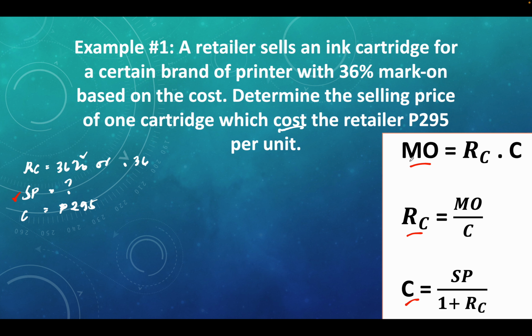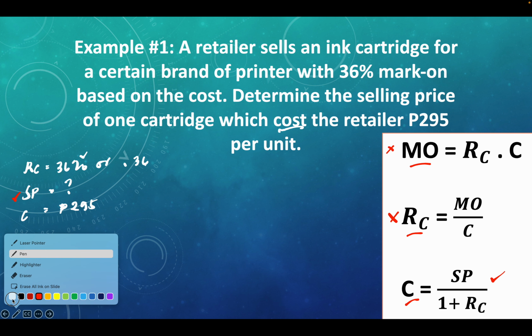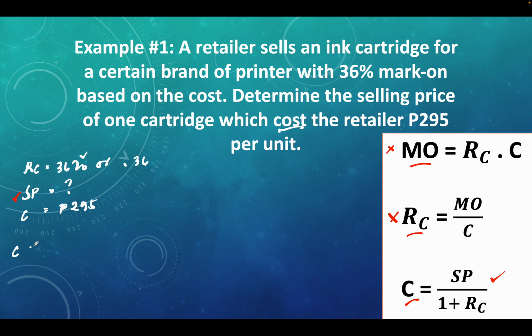The first formula doesn't have a selling price, so we won't be using this one. The second formula, wala din siyang selling price. So ang gagawin natin, which is this one, kasi siya lang yung may selling price. From that formula, cost is equal to the selling price all over 1 plus rate based on cost.